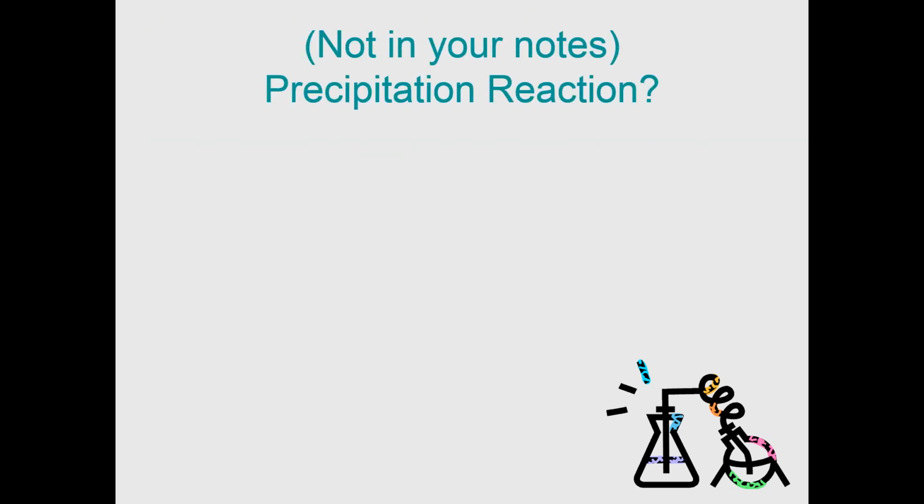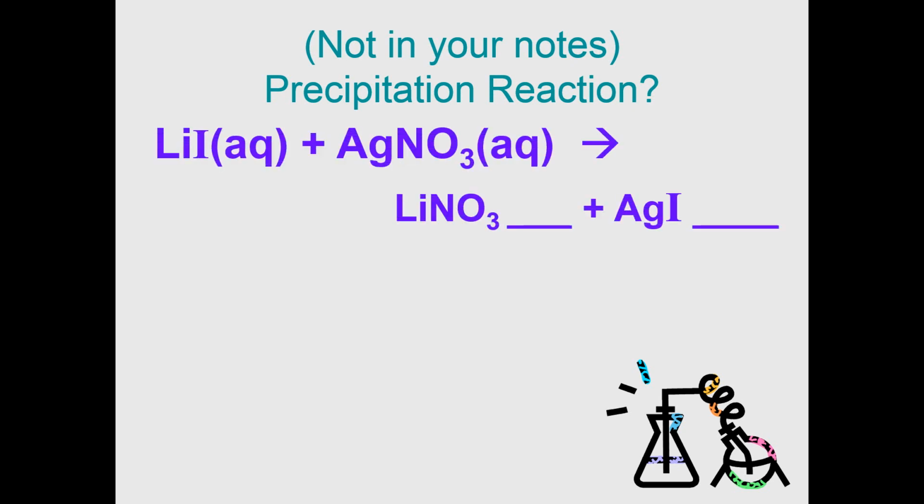Here is another example of a reaction that we're trying to determine as a precipitation reaction. I have lithium iodide being added to silver nitrate. They're both aqueous, so there's a potential here of a precipitation reaction. I know it is a precipitation reaction if one of these products is a solid in solution.